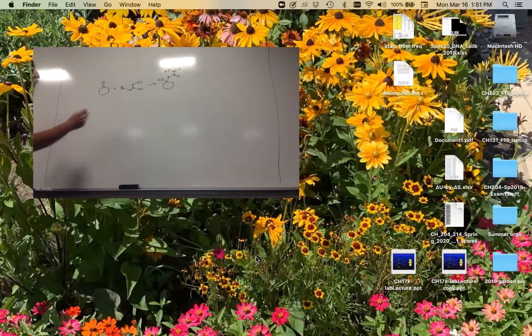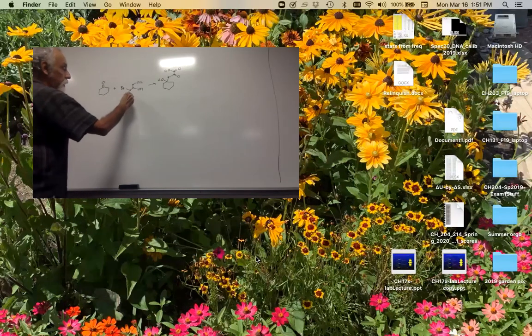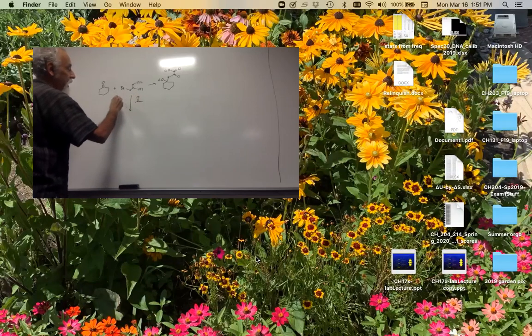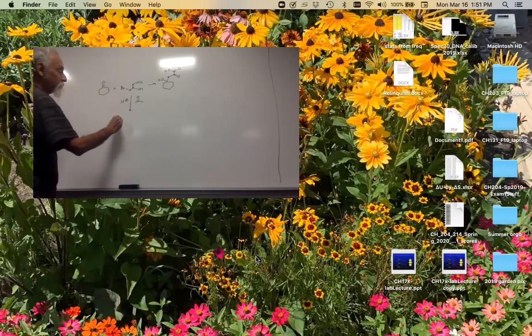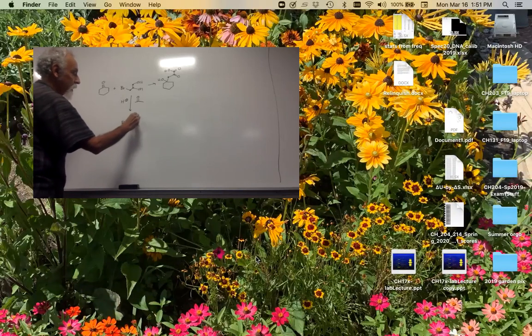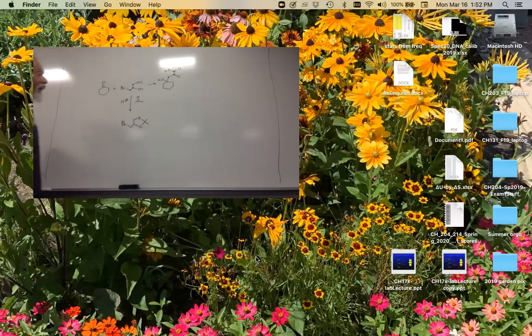So what we would do is we take this guy, react him with some kind of cheap and unexotic aldehyde or ketone, such as acetone, and this is going to make this acetal.